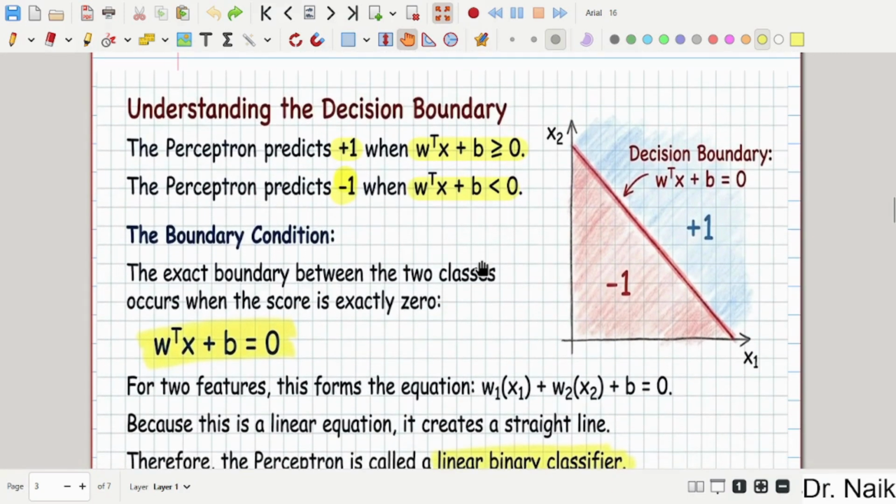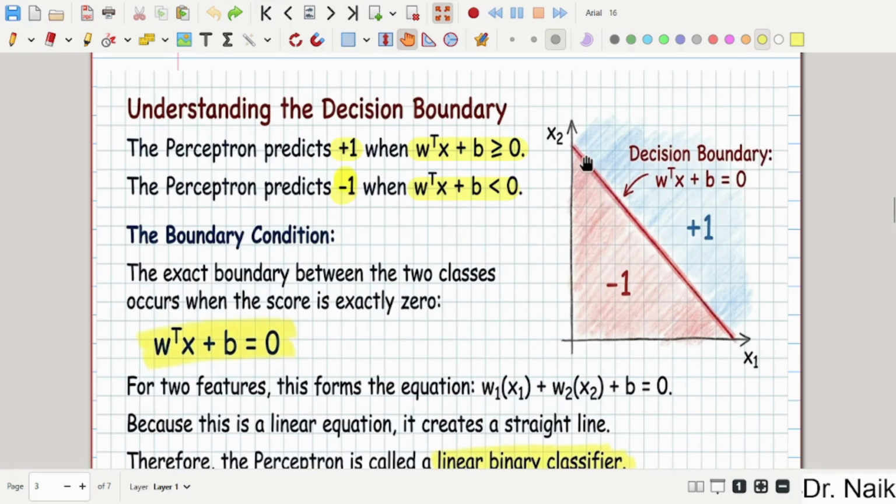Now understand the decision boundary. The perceptron predicts plus 1 when w transpose x plus b is greater than or equal to 0, and when w transpose x plus b is less than 0, the perceptron will predict minus 1.